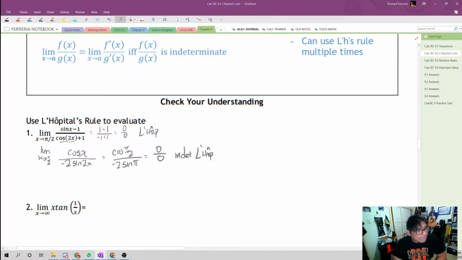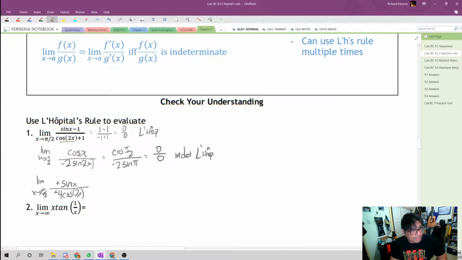All right, let's use L'Hopital's rule again. We're going to find the limit as x approaches pi over 2. Now the derivative of cosine is negative sine x. The derivative of negative sine is cosine. And then we have the 2x, so this is going to become negative 4 cosine 2x. Let's try substituting.